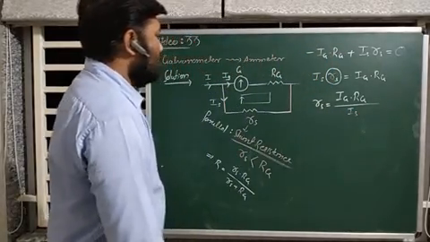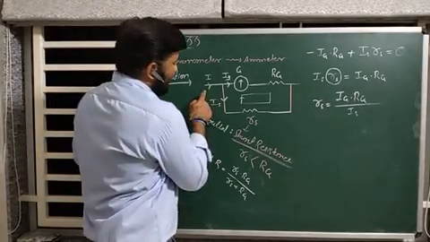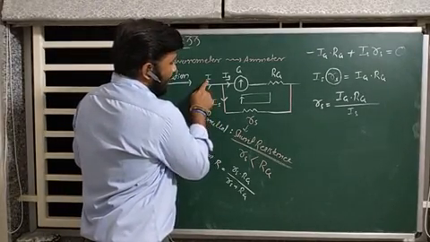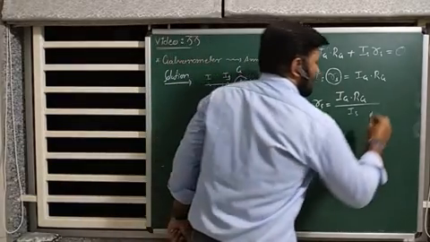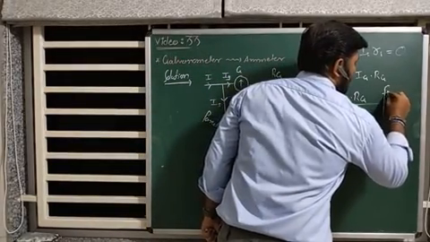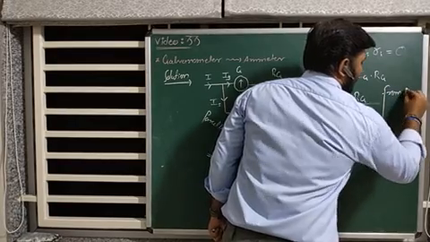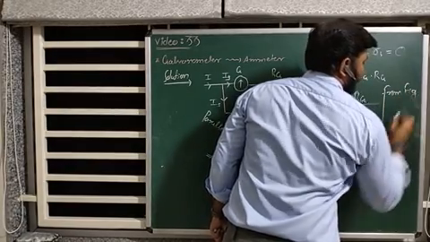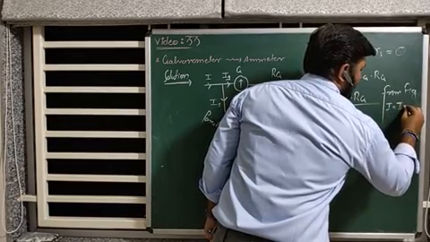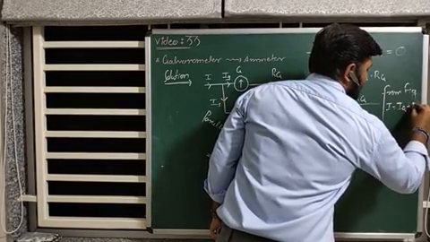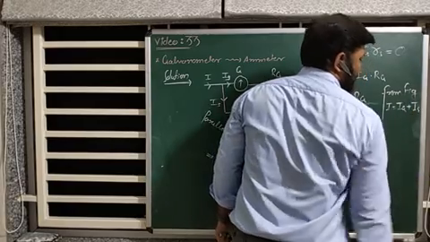Clear? Now you may see from the figure that I is equal to Ig plus Is.